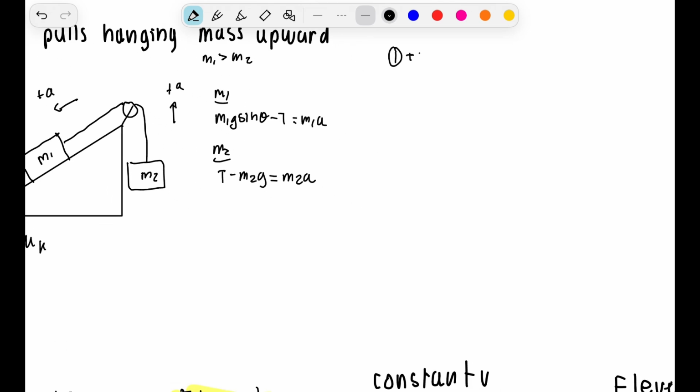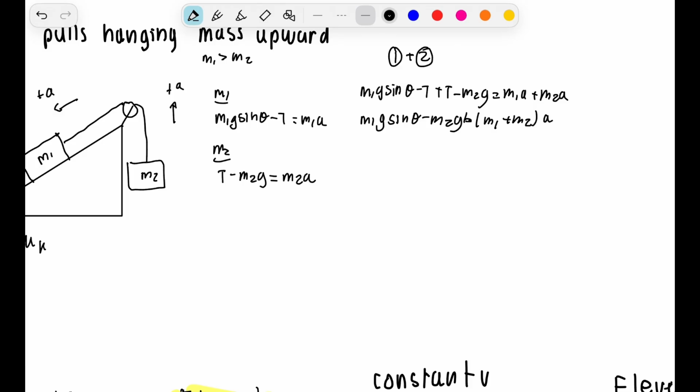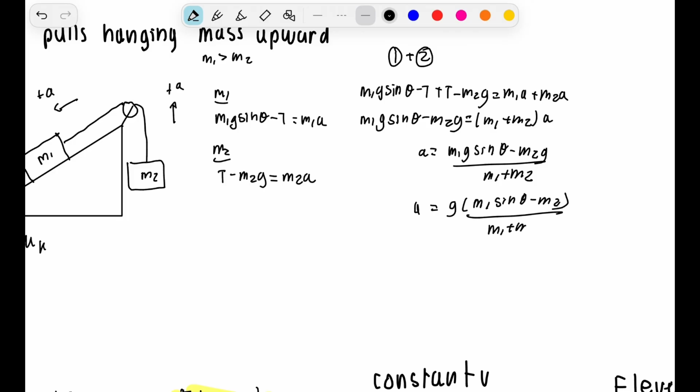Let's add 1 and 2. Factor out g from the numerator, you have M1 sine theta minus M2, all over M1 plus M2.